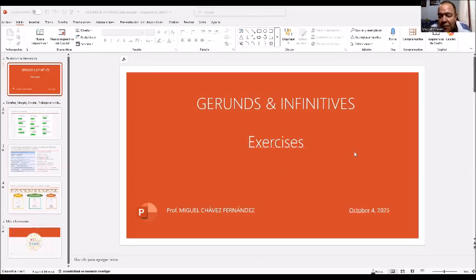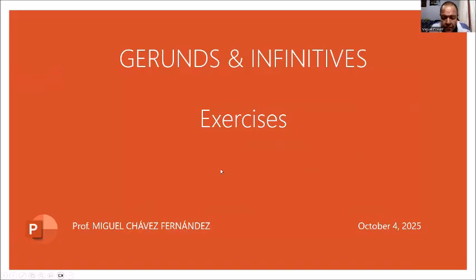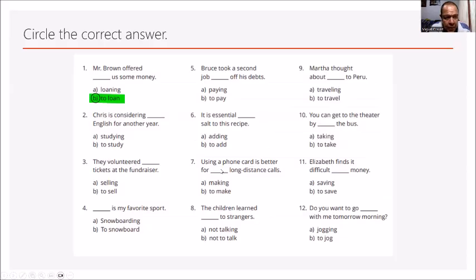After this grammar explanation, we are going to do some grammar exercises about it. First, circle the correct answer.